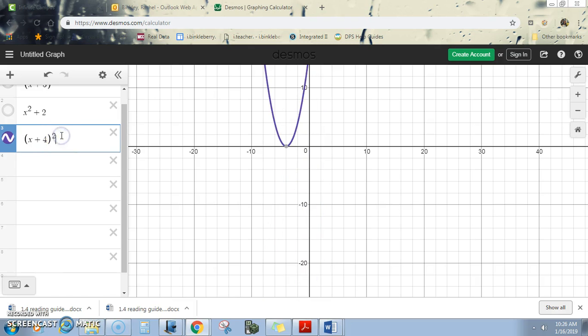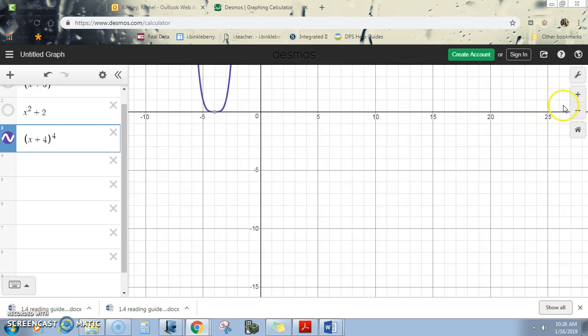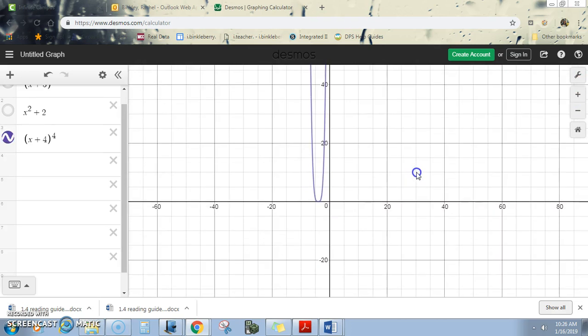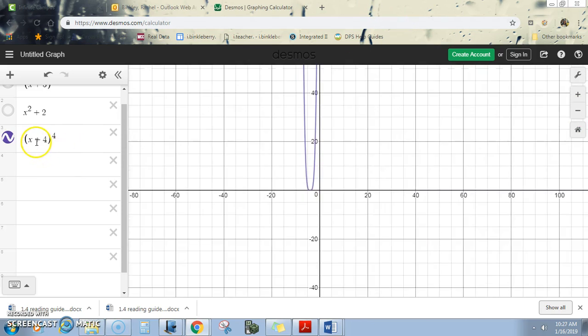Okay, there is just a regular parabola, but let's just take that to the 4th power. So it kind of looks like a parabola if we zoom out enough. It does seem to be a little bit less of a curve there, but I bet we could fix that by changing the A value there.